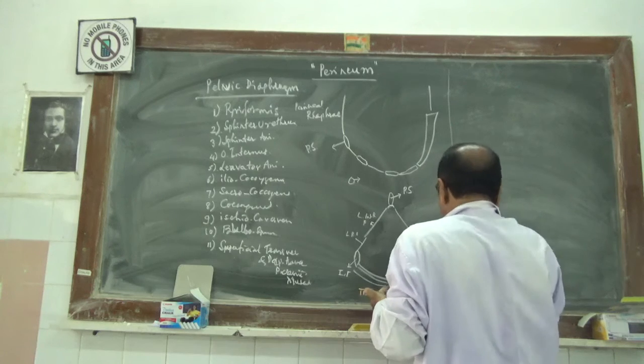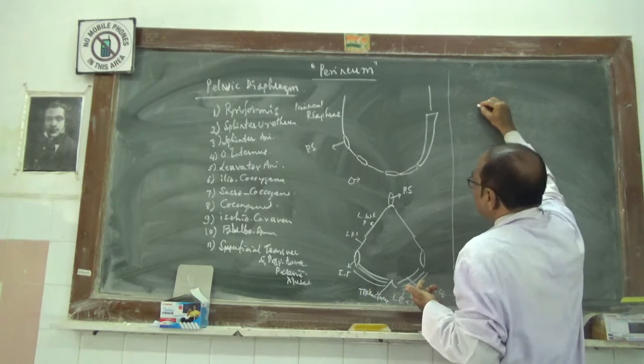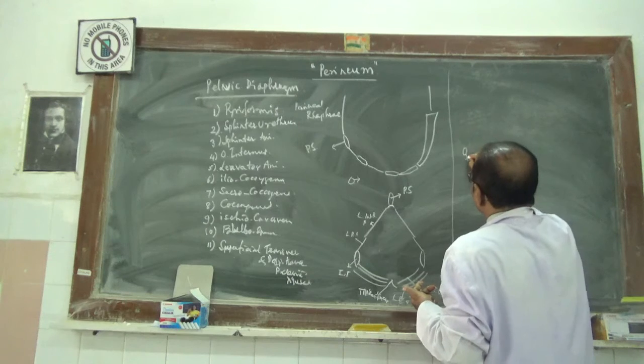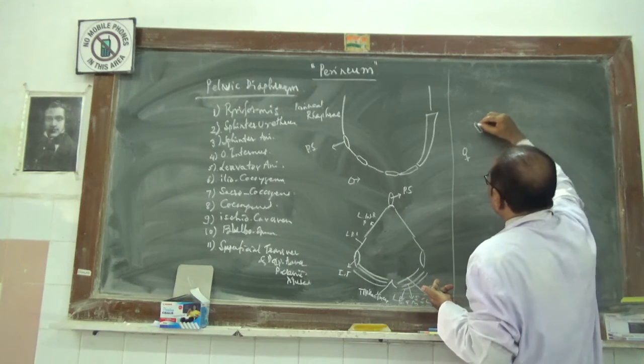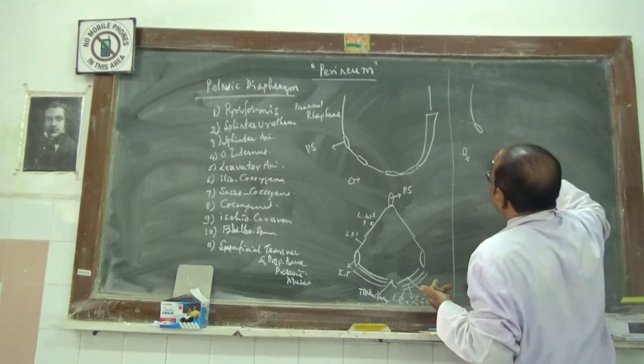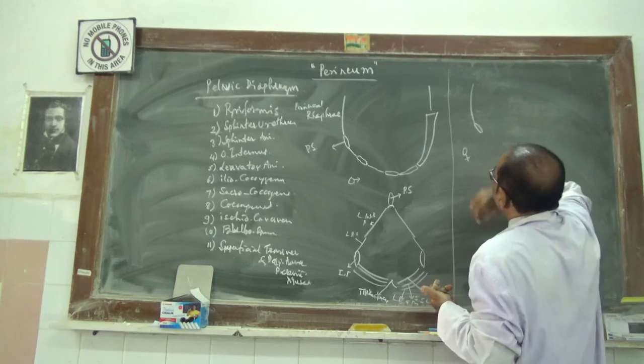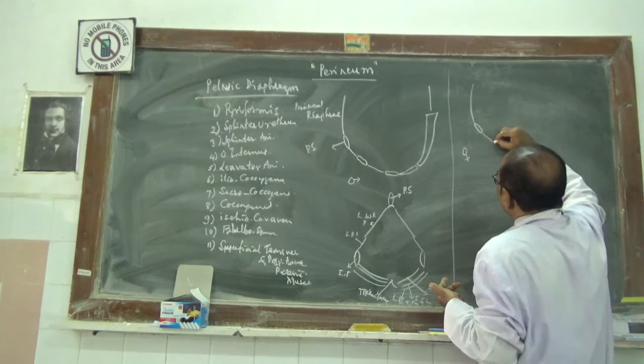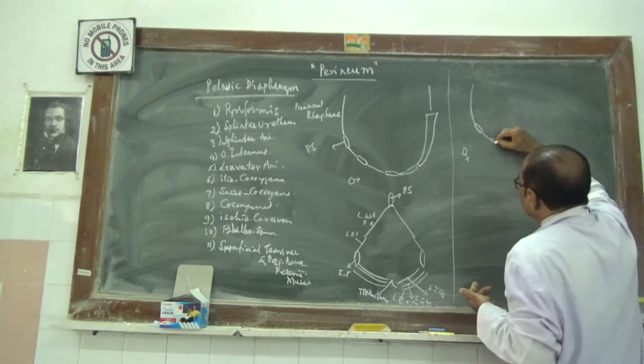Now you have the sagittal section of the perineum in the case of the female. So this is the pubic symphysis. This is the lower part of the anterior abdominal wall. This is the urinary orifice.